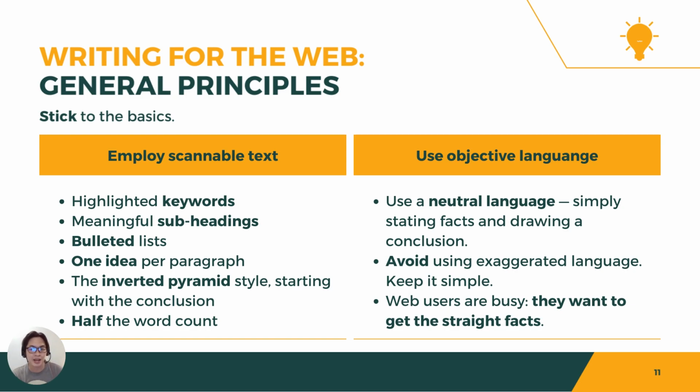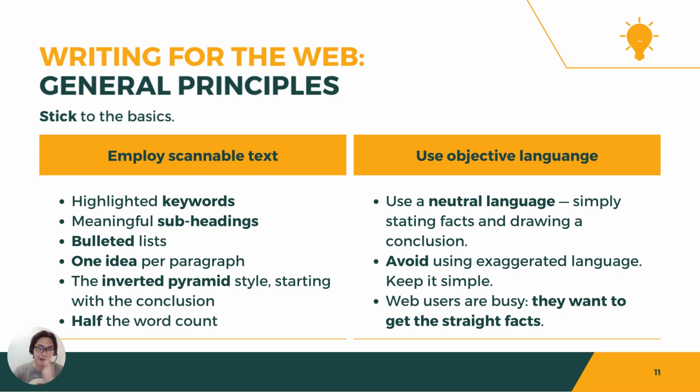In this way, if a piece of text has to be edited or omitted, it can be cut from the bottom without losing the salient points. The sixth one would be having the word count at half or less than conventional writing.